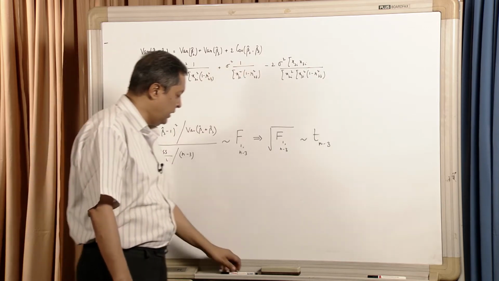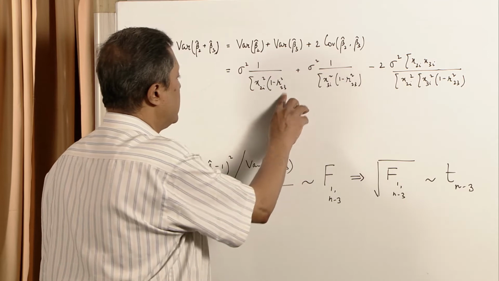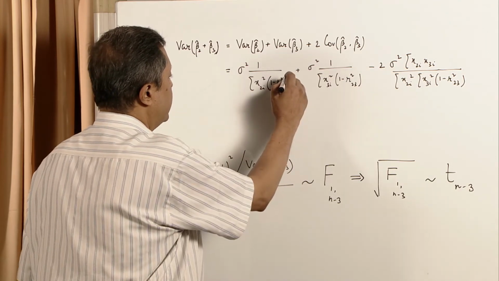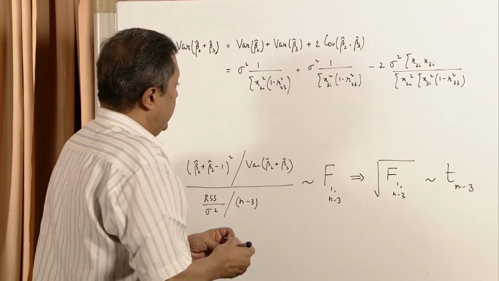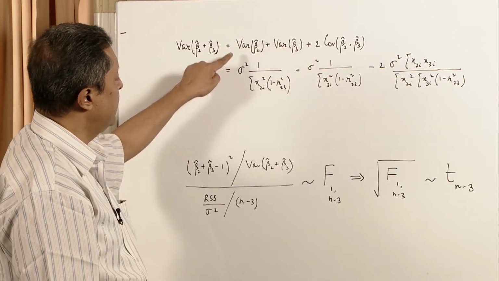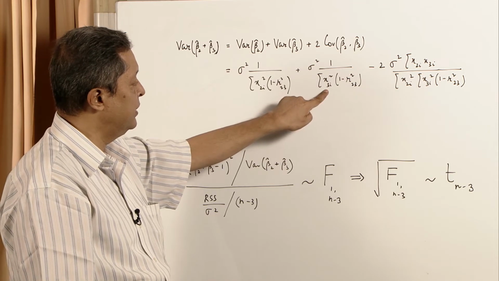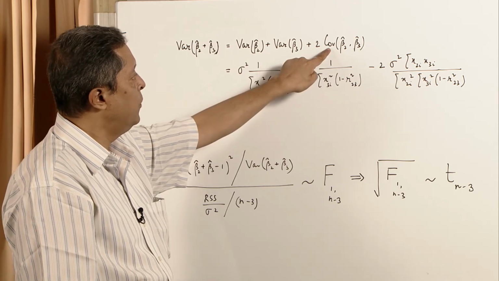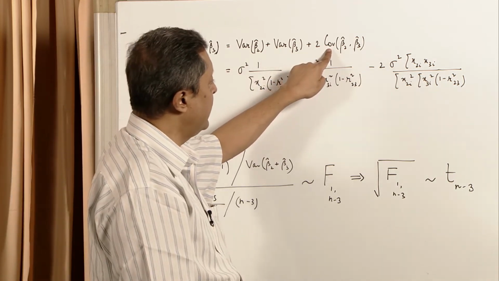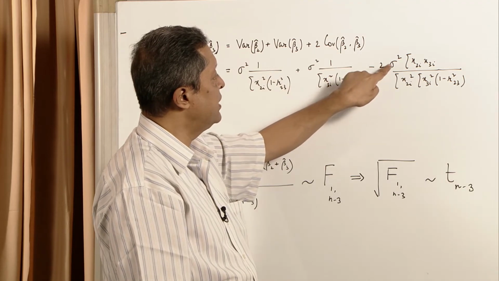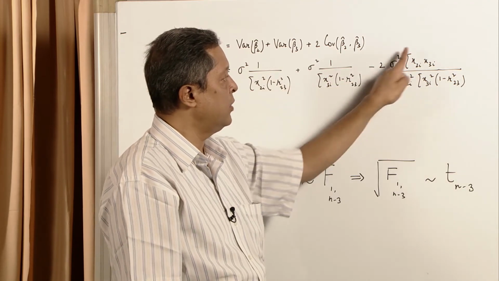And from our earlier discussions on the sampling distribution of beta 2 hat and beta 3 hat, we know that variance of beta 2 hat is given by this expression, variance of beta 3 hat is given by this expression, and covariance between beta 2 hat and beta 3 hat is minus of sigma square and the rest of the expression.